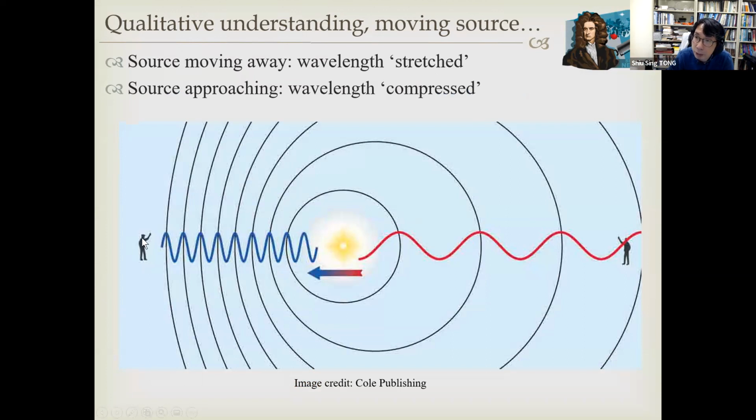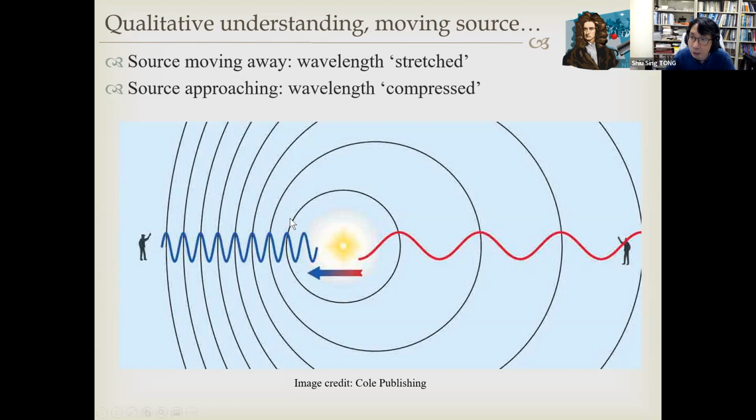And so the person in front of the sound source will hear a sound at a high frequency. On the other hand, if the person is behind the source, the source is moving away from him, and the wave gets stretched. So the wavelength will be larger and the frequency lower. And so the person here will hear a lower pitched sound.